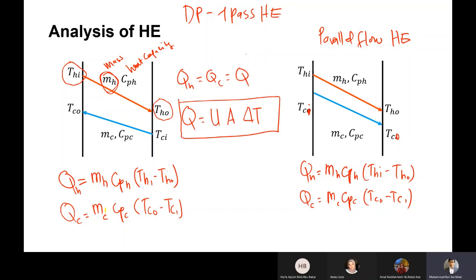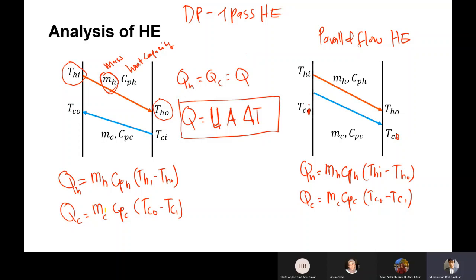So it's the same, Q cold equal to Q hot equal to Q, but the question is what is delta T? Big problem. U here, we know, is the overall heat transfer coefficient. It's a function of a convection heat coefficient, a conduction heat coefficient, and another convection heat coefficient, also affected by fouling. A we know; it is the total heat transfer area.